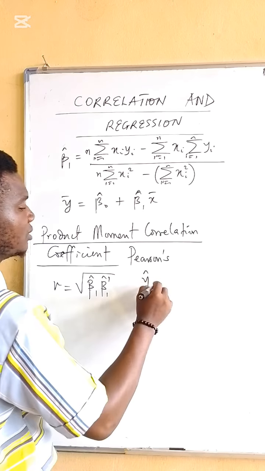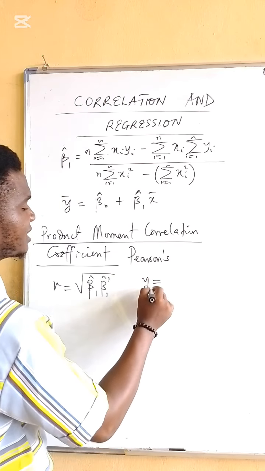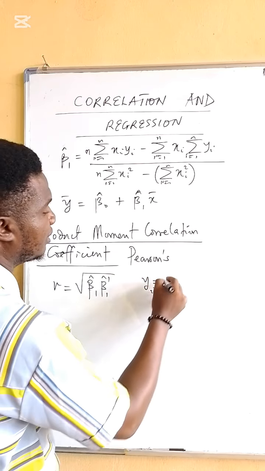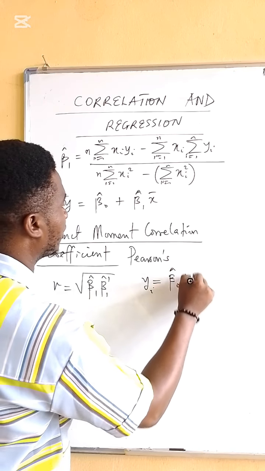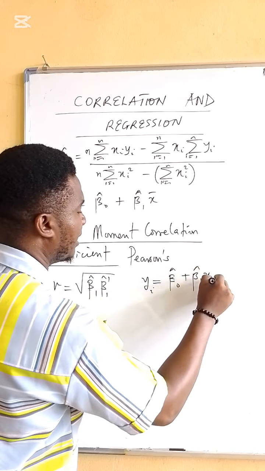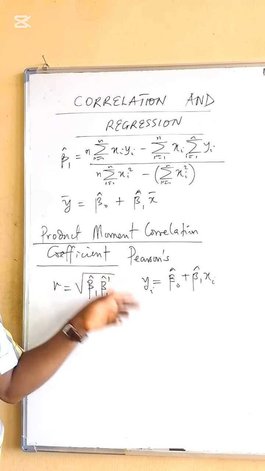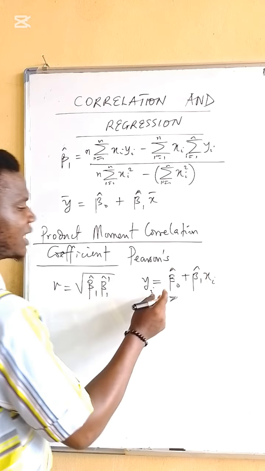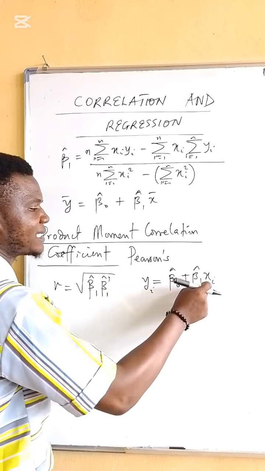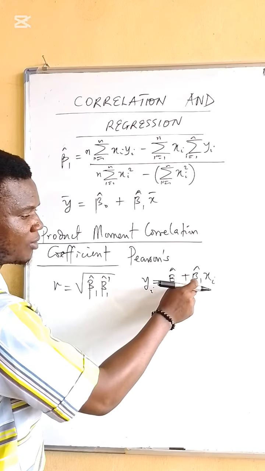Take note, we regressed y on x, hence giving us y equals beta naught cap plus beta 1 cap xi. This was our fitted model, when we regressed yi on xi. And in this case, when you regress yi on xi, the coefficient of xi is beta 1 cap.